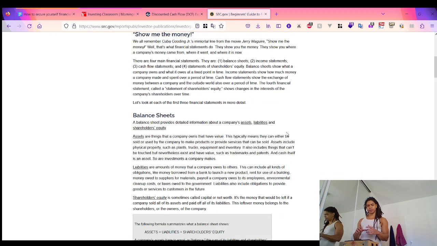They include all different kinds of things, like money you borrow from a bank to launch a new product, the rent for use of a building, money you owe to your suppliers, payroll a company owes to its employees, environmental cleanup costs, such as what happened in Ohio recently, or taxes owed to the government.